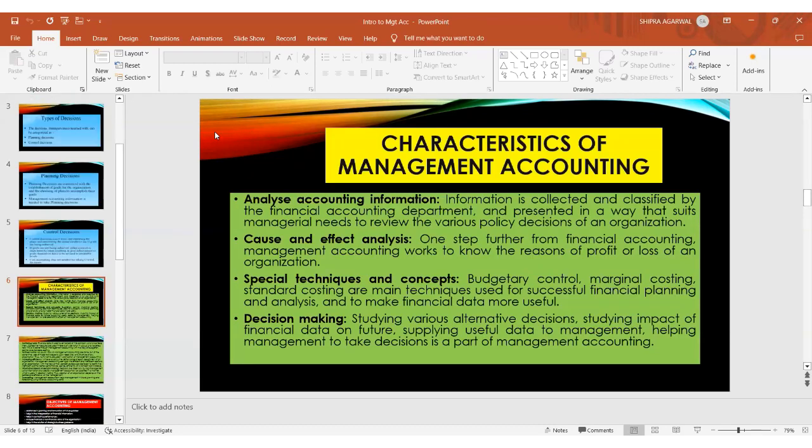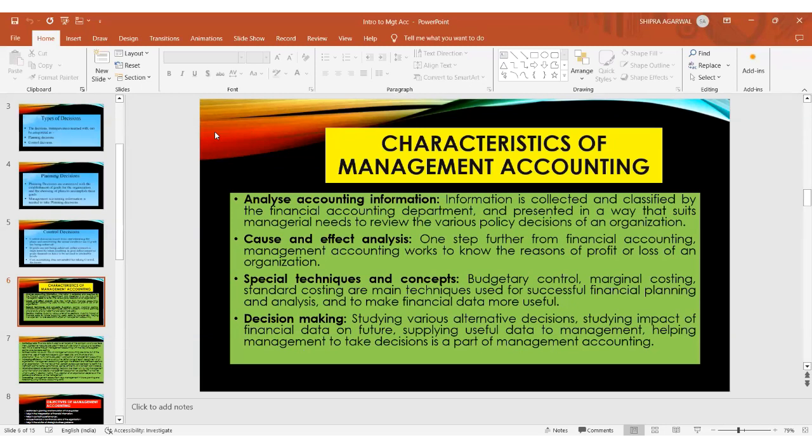Now, when we are talking about management accounting, it has certain unique characteristics. The first one is that it analyzes the accounting information. Whatever information we use under management accounting, we are not going to bring from somewhere outside. This information comes from the financial and the cost accounting departments.